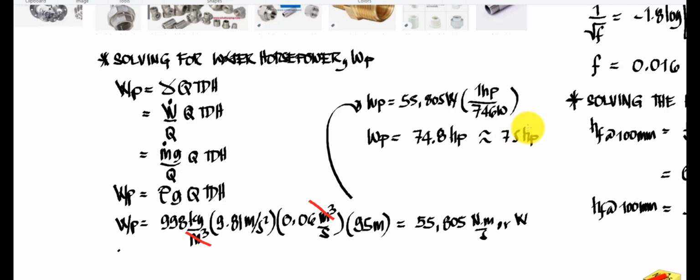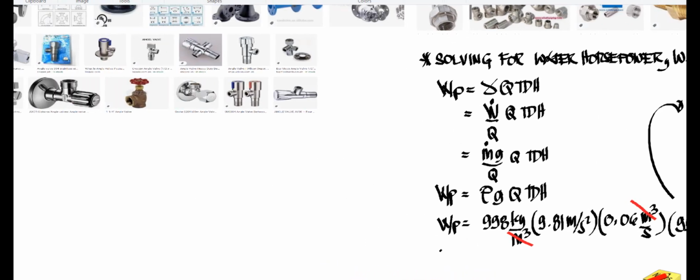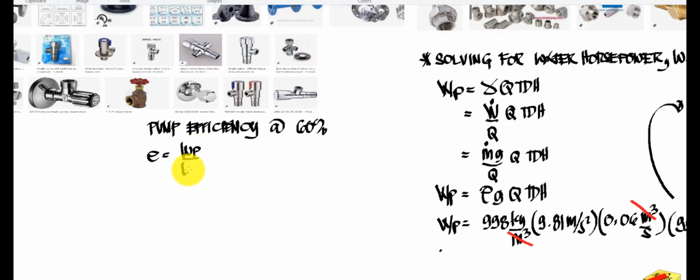Okay, so this is only for the pump, no? So this is only for the power of the pump, the electrical power is separate. Now let's add the pump efficiency, let's say it is 60% efficient. We have the equation: efficiency is equal to water horsepower divided by electrical power.